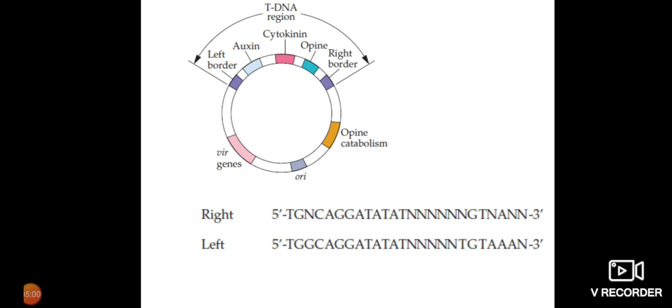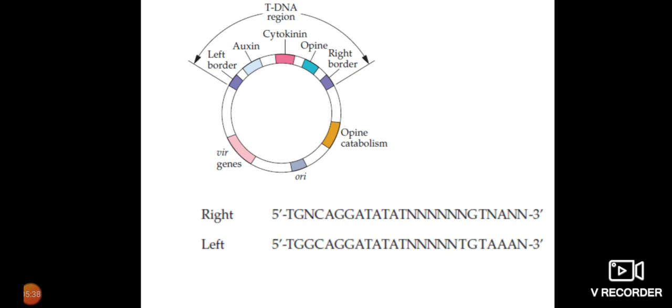The auxin and cytokinin genes are responsible for the production of enzymes involved in synthesis of auxin-like or cytokinin-like molecules, which induce the multiplication of plant tissue or plant cells. Whereas the opine gene is involved in synthesis of two different opine molecules, nopaline and octopine, which act as a source of nitrogen and carbon for the bacterium which has infected the plant cell.